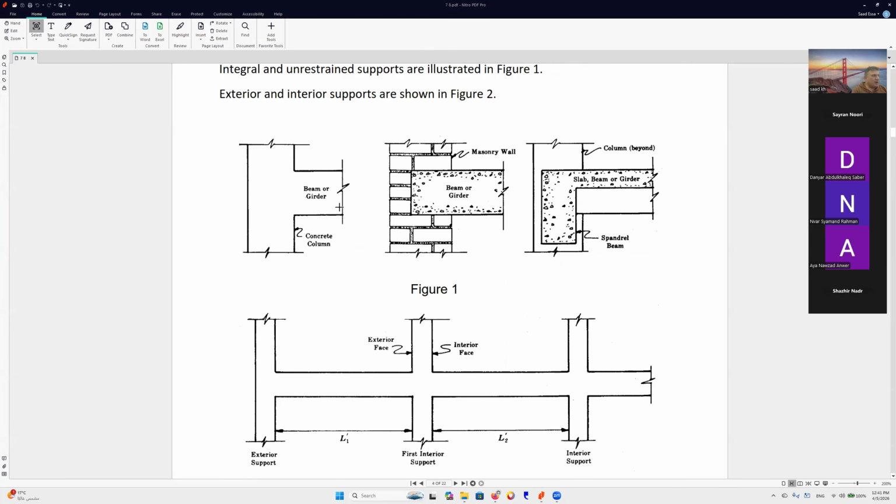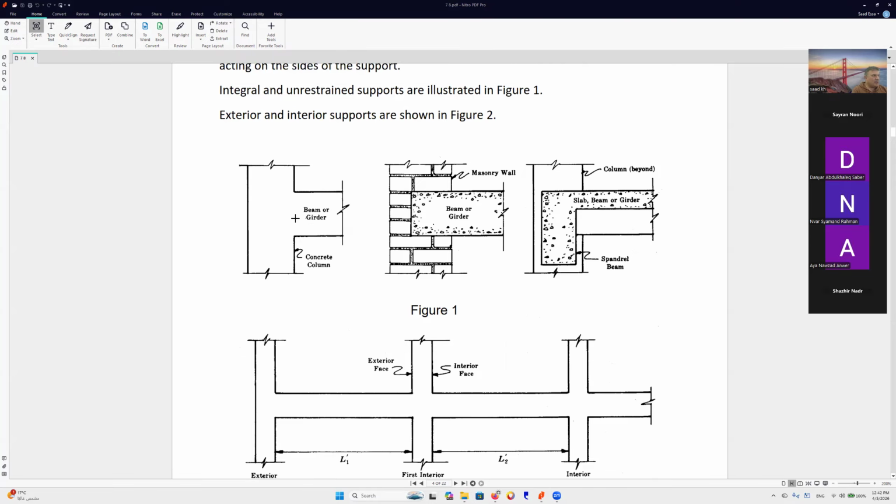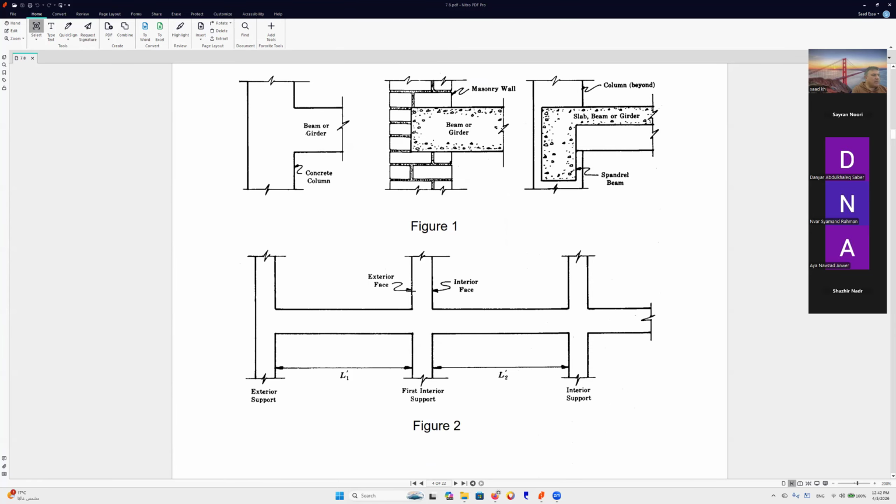So here we have figure 1, okay, for example, beam girders directly connected with the column, where we have integration between them. So we have the beam or girder in this region. Here we have the beam continuous in this region. Okay, it will be as the spandrel. Here we have a beam or girder inside the wall. So this is the important figure.